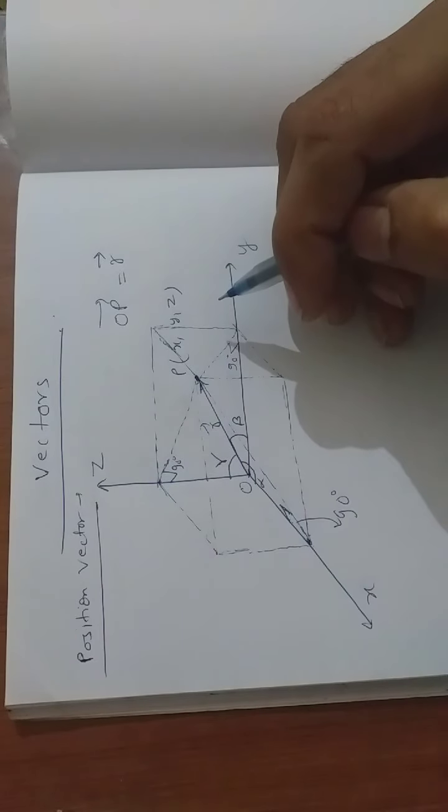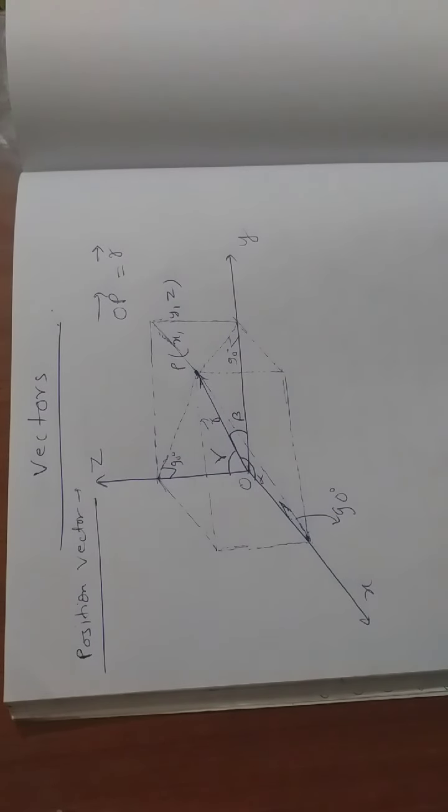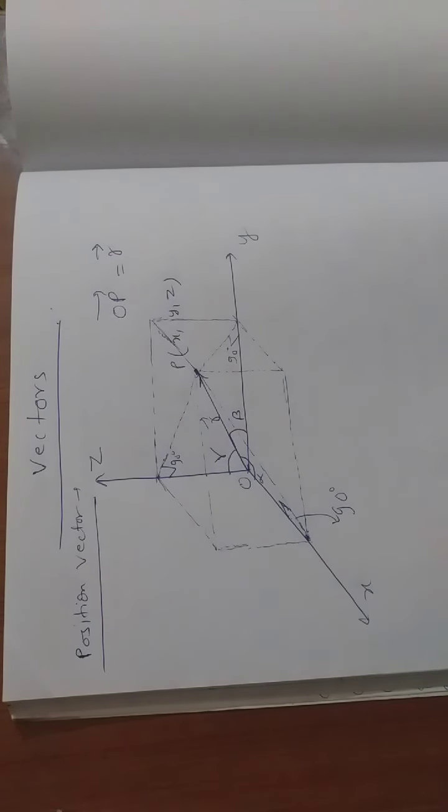From the previous classes, we know the distance formula. In class 11th, we studied the distance between two points in three-dimensional space. If there are two points having coordinates x1, y1, z1 and x2, y2, z2 respectively, then the distance between the two points is the square root of (x2 minus x1) square plus (y2 minus y1) square plus (z2 minus z1) square.